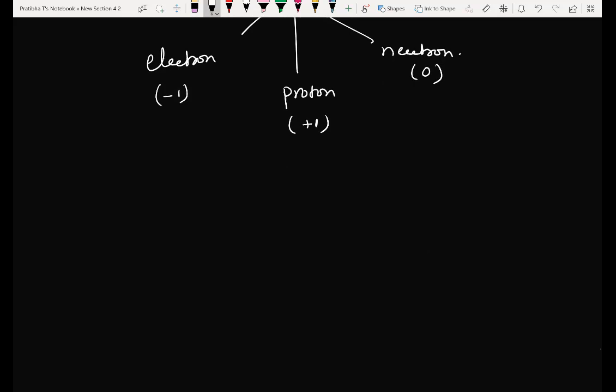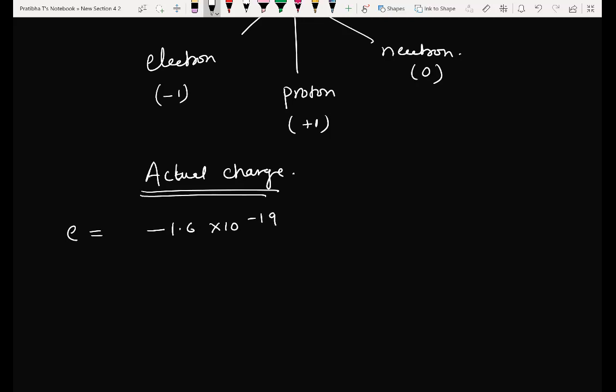So there is the actual charge, and there is also a relative charge. Here I'm writing the actual charge. Everybody knows that opposites attract each other and likes repel each other. The actual charge of the electron is negative 1.6 times 10 raised to power minus 19 coulomb.